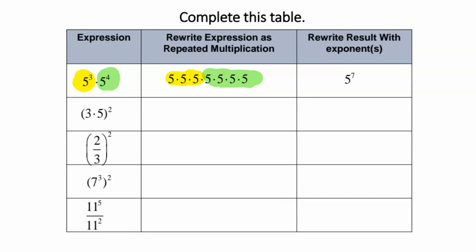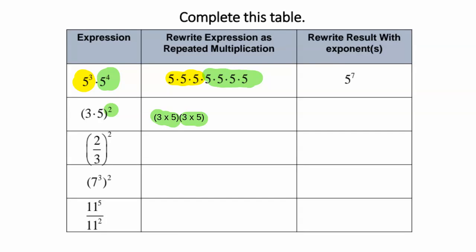Now, if you look at row 2, I have 3 times 5, 3 times 5. Notice I have 2 of them, 3 times 5 and 3 times 5.